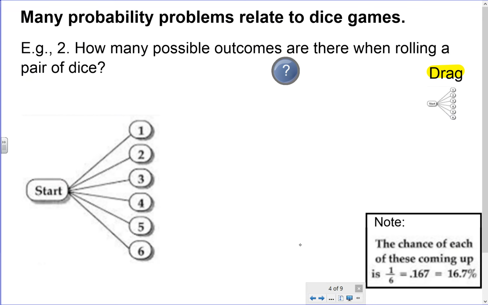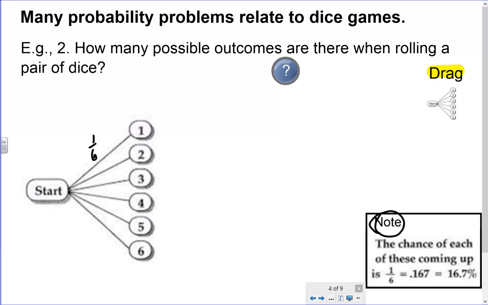So what we're going to do is have a look here. The start means this is the roll of the first die. On each particular roll we have 6 outcomes: 1, 2, 3, and all the way through to 6. But what you're going to notice under the note is that each of these branches has a probability of 1 on 6.